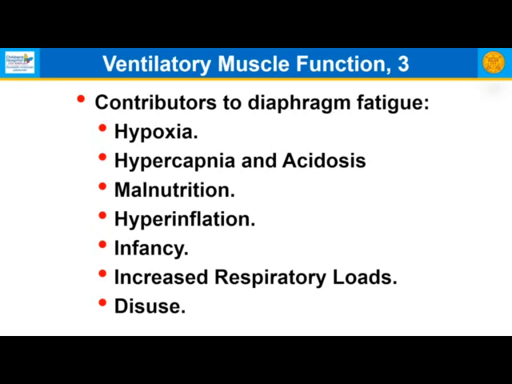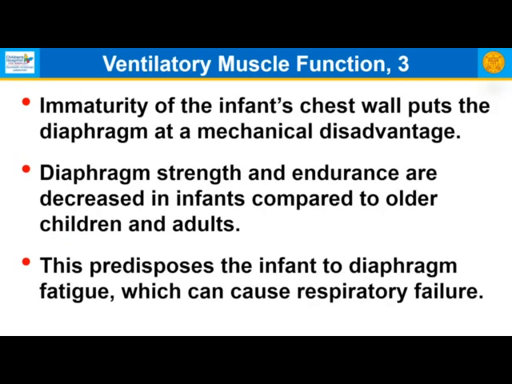Contributors to diaphragmatic fatigue include hypoxia, hypercapnia and acidosis, malnutrition, hyperinflation, infancy, increased respiratory loads, and disuse. Immaturity of the infant's chest wall puts the diaphragm at a mechanical disadvantage. Diaphragm strength and endurance are decreased in infants compared to older children and adults, and this predisposes the infant diaphragm to fatigue, which can cause respiratory failure.